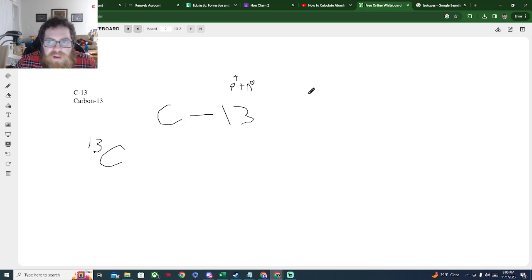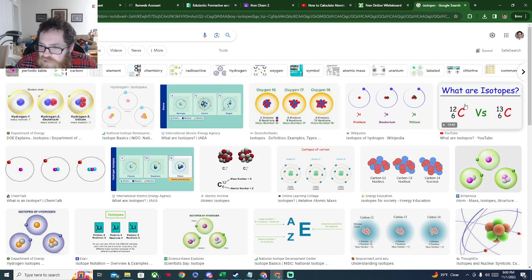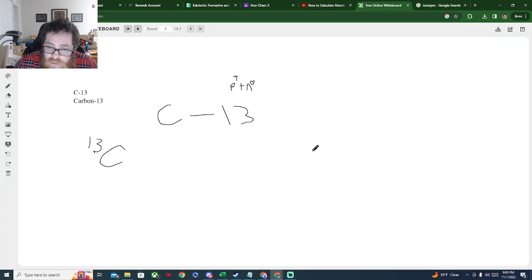But one final common way to show it, and I'll actually show you just like this with 2 numbers: carbon 13 and 6. This being protons and this being mass number.